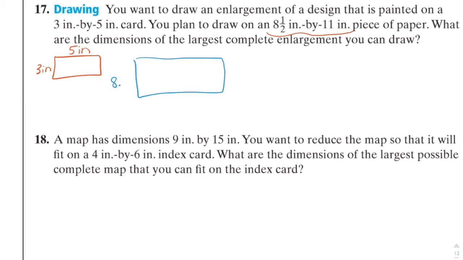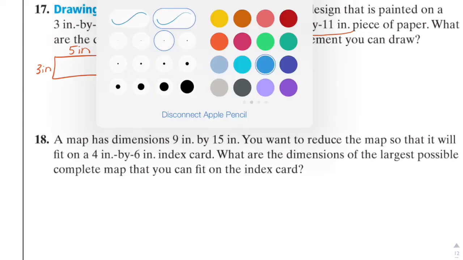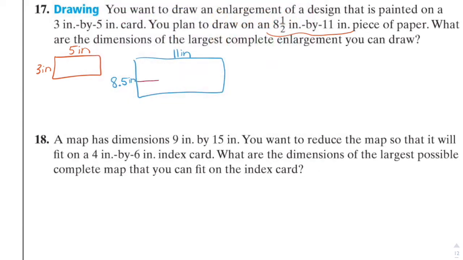8.5. I'm going to use a decimal. It might be a little bit easier if I write it as a decimal. What are the dimensions of the largest complete enlargement? Here's what happens. As you start to enlarge this, it's going to take shape where it's going to look like something like this, where part of it won't fit here.